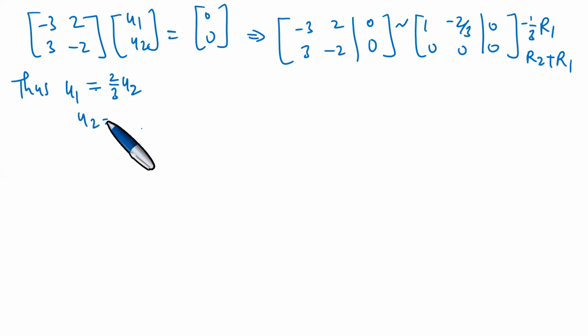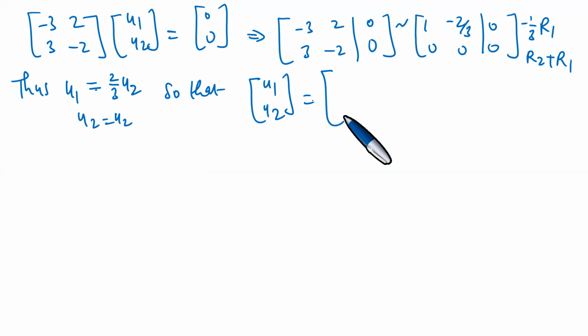U2 is U2. So U1, U2: what is U1? It is 2/3 U2, and this is U2.